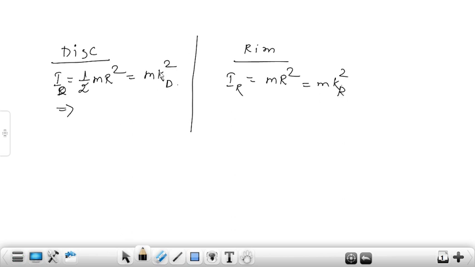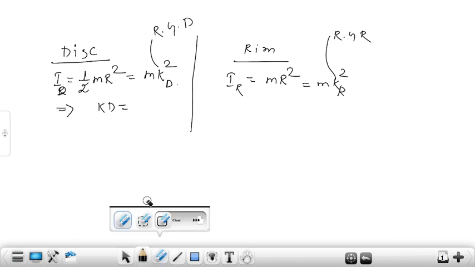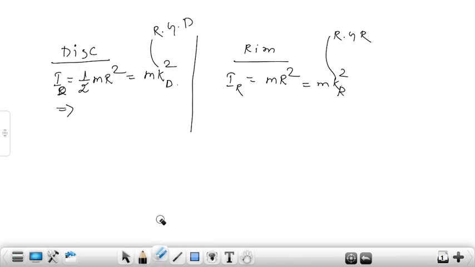So comparing the radius of gyration k, radius of gyration of rim type and radius of gyration of disc type, k d is equal to r by root 2, and k r is equal to r.